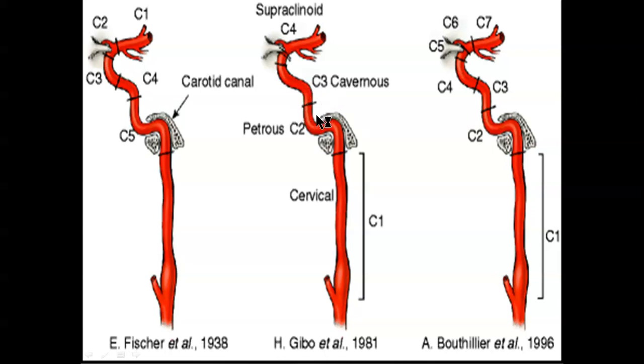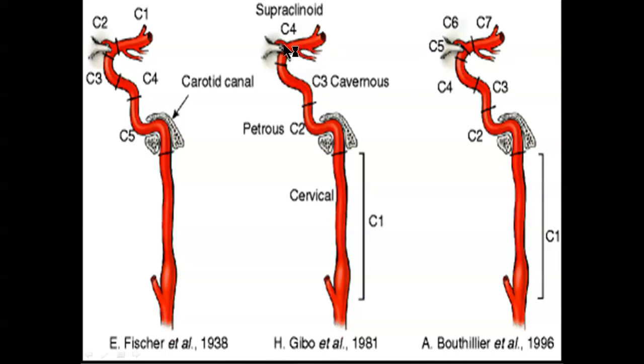Therefore these two, Petrus C2 and C3, are called extradural, whereas C4 is called intradural because after this supraclinoid part, the C4 segment enters the subarachnoid space, that is inside the dura space, below the dural space.